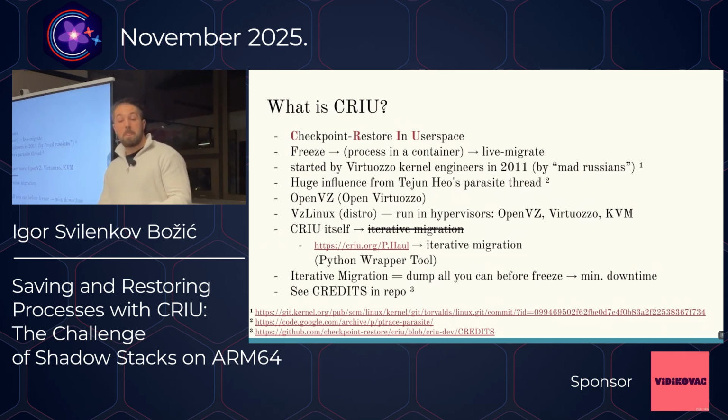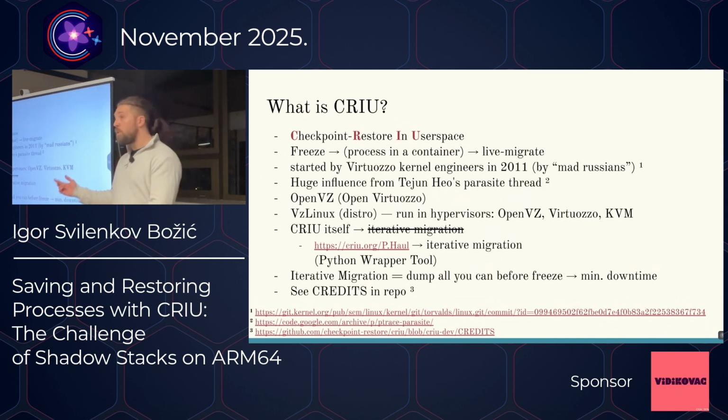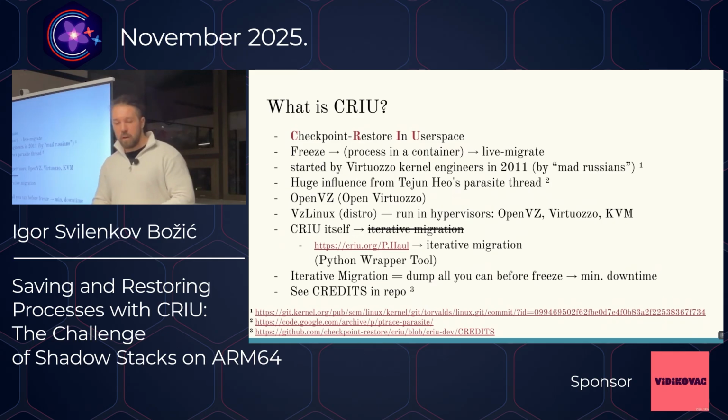It's important to know that CRIU itself does not support iterative migration. By iterative, in this context, it means that it does memory dumps all the way up until the freezing of the process takes place, so that the memory dumps it has to do while the process is still running are minimal and the downtime is minimal. This is a performance aspect.